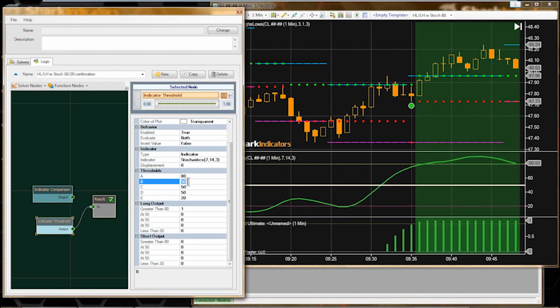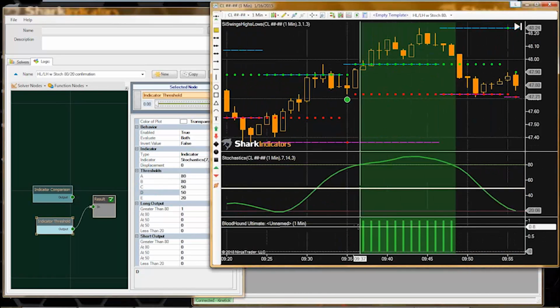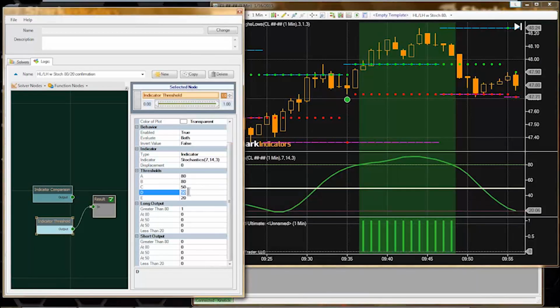I think probably Thomas is looking for a fast and hard rule, so we want to take out this fuzzy logic part. We want to take out the subjectivity. So I'm going to change B to 80, and there you can see that got rid of the fuzzy logic part. I'm also going to change D to 20. So I have 80 and 80, 50, 20 and 20.